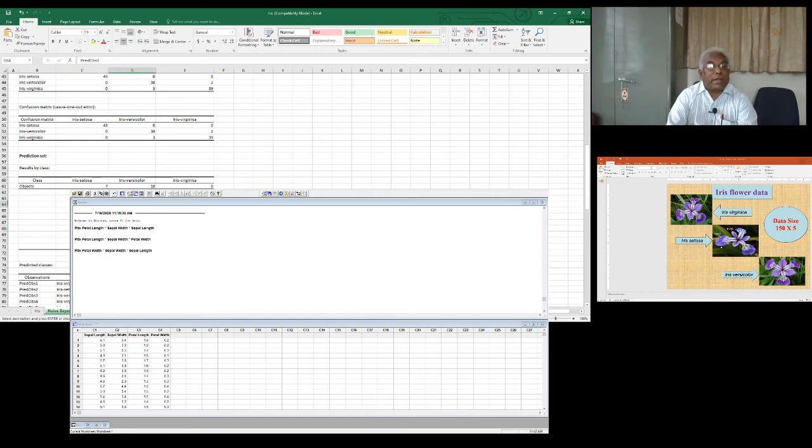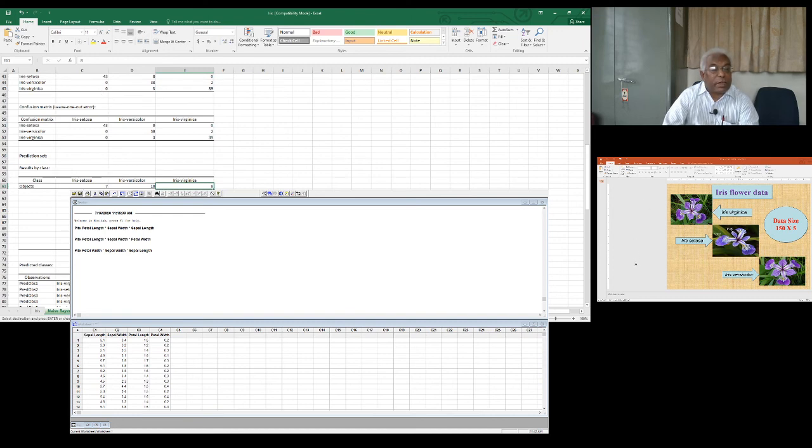Third, 7th, 9th, 11th, 12th, 13th, 14th, 19th, 22 and 24 observations belong to versicolor. First observation, 4th, 5th, 6th, 8th, 12th, 16th and 21st belong to Iris virginica. So among the 25, 7 belong to Iris setosa, 10 belong to Iris versicolor and 8 belong to Iris virginica. This is the overall classification matrix, confusion matrix.